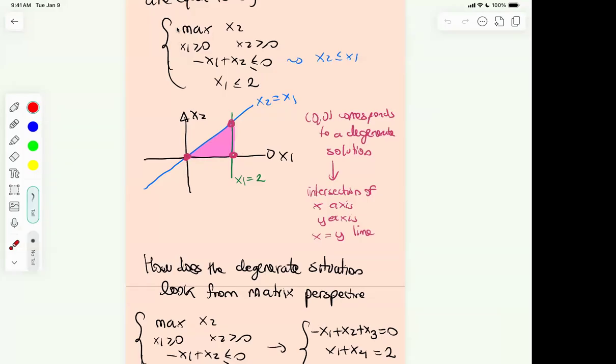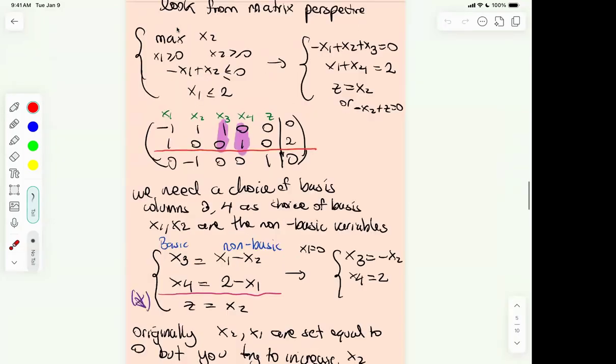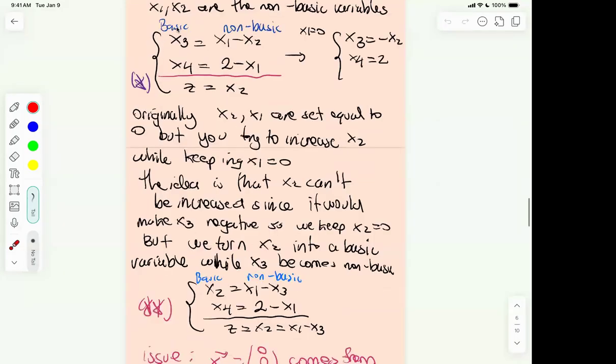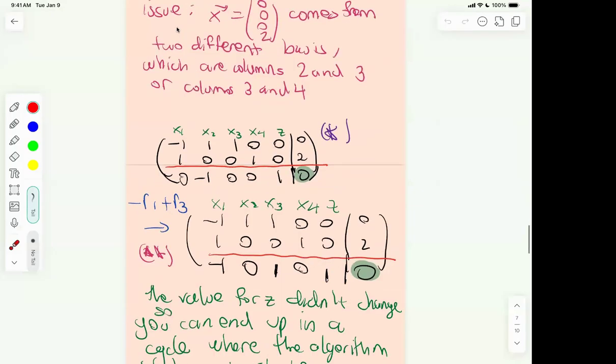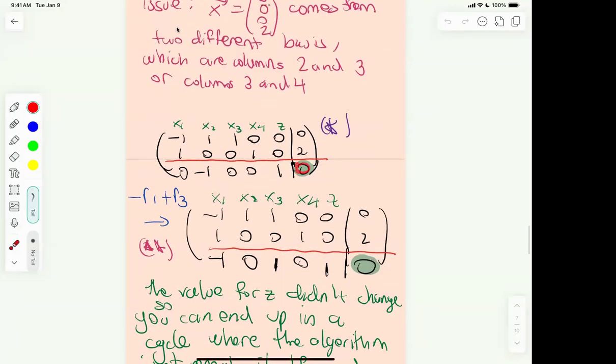Now, with having degeneracy, sometimes it is an issue, sometimes it's not. It depends on the specifics of the problem. But sometimes what can happen, and that's what I was trying to show you last time, is that when you do the process in the simplex method, the function that you're trying to optimize does not change its value.